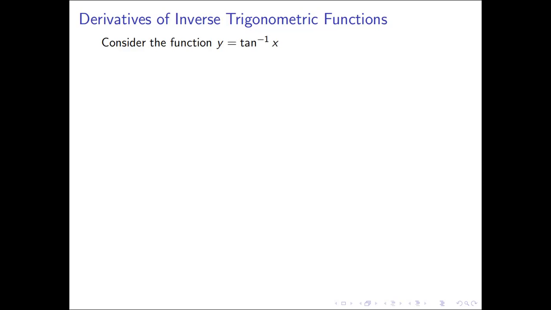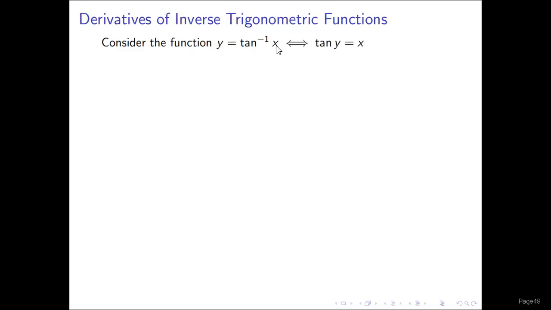And what are inverse trigonometric functions anyway? Of course, from what you know about inverse functions, they undo each other. So these are the type of functions that undo trigonometric functions. So consider the function y equals tangent inverse of x. What does this mean? It's the function that undoes the tangent function.